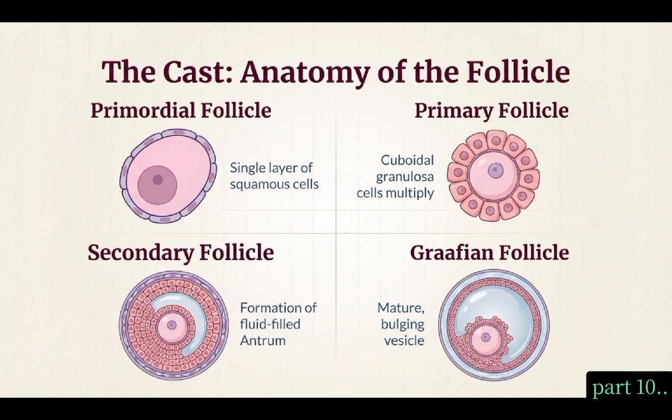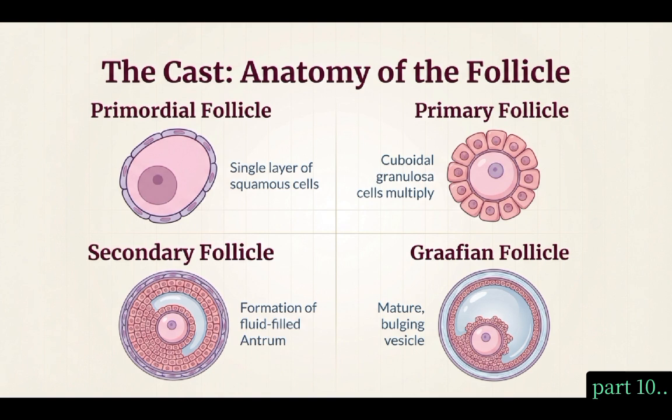On stimulation by follicle stimulating hormone, the main thing you have to understand is the presence of the antrum. So what is the antrum? The antrum is a fluid-filled area that is mostly secreted by the granulosa cells.